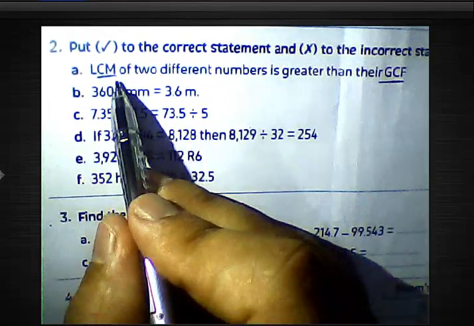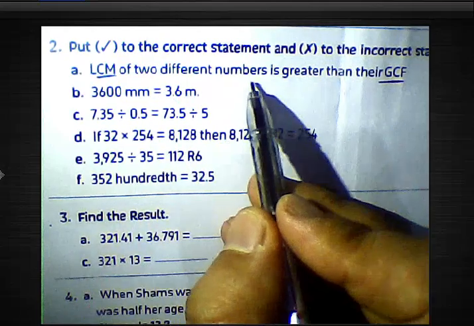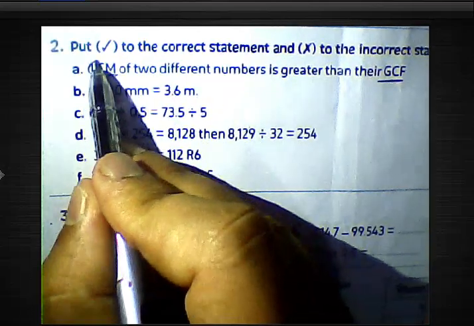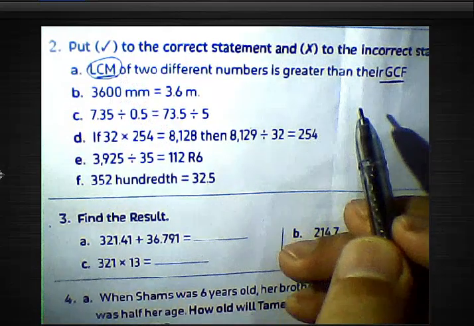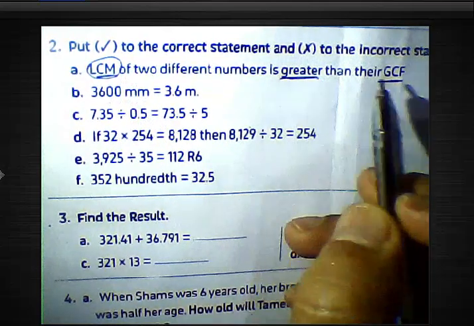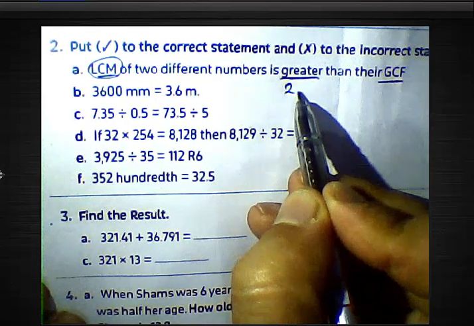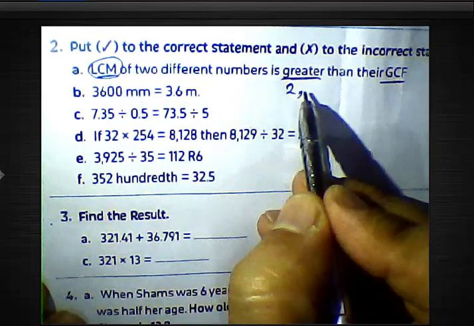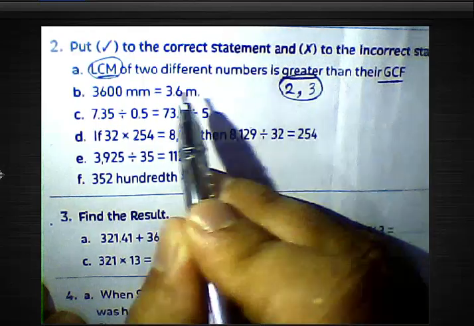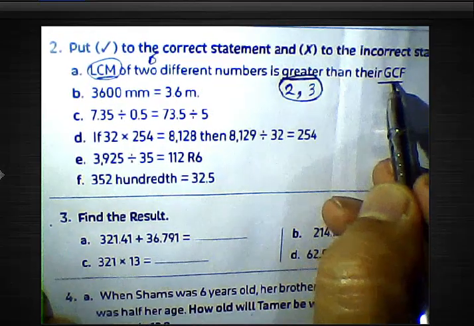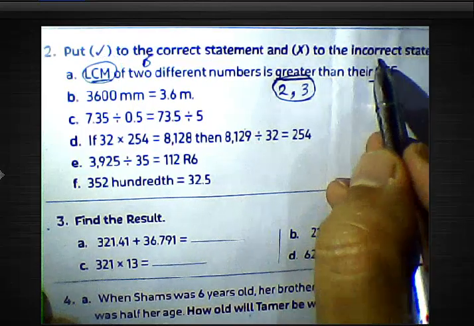What about the least common multiple of two different numbers is greater than, which is more? Least common multiple is greater than greatest common factor. If we want to find the least common multiple of 2 and 3, it will be 6, and the greatest common factor of 2 and 3 will be 1.